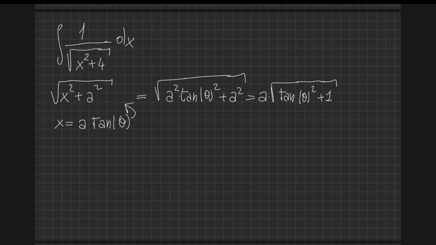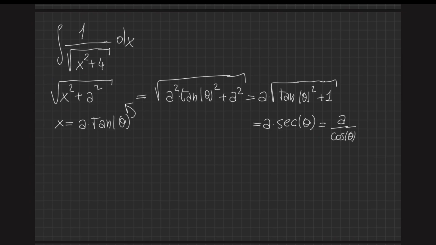And now the tangent of theta squared plus 1 is just equal to the secant squared. So this is going to be equal to a times the square root of the secant squared, which is just the secant of theta. And if you don't remember what the secant is, this is equal just to 1 over the cosine of theta. So this is just equal to a over the cosine of theta. Okay? Good. Again, from a square root, we got something without a square root, which usually is really, really good.